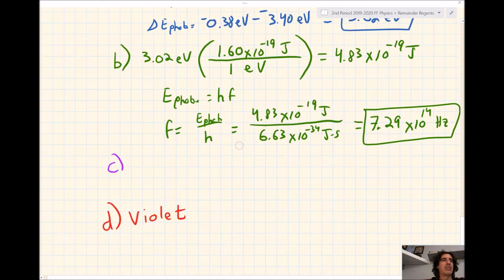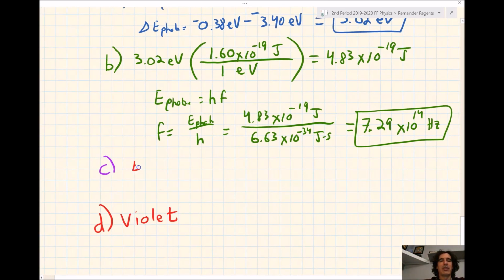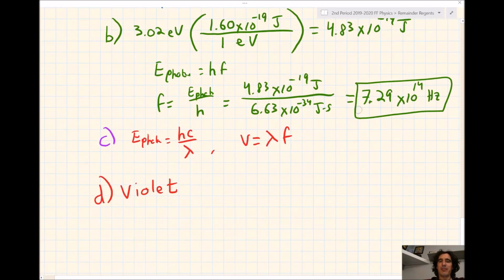Okay, and then back to letter C, determine the wavelength of the photon. We have a couple of ways to do this. We could either do E photon is equal to hc over lambda, or we can do v, which is the speed of light in this case, is equal to lambda f. Why don't we just do the second one, v equals lambda f. Get lambda by itself, lambda is v over f.